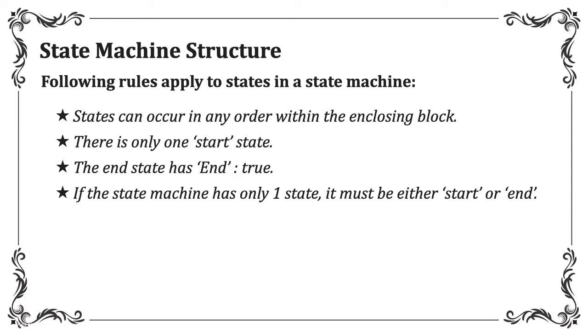This state is the one that is executed first when the execution starts. Any state for which the End field is true is considered an end state or a terminal state. Depending on your state machine logic, for example, if your state machine has multiple branching of execution, you might have more than one end state. If your state machine consists of only one state, it can be both the start state and the end state.